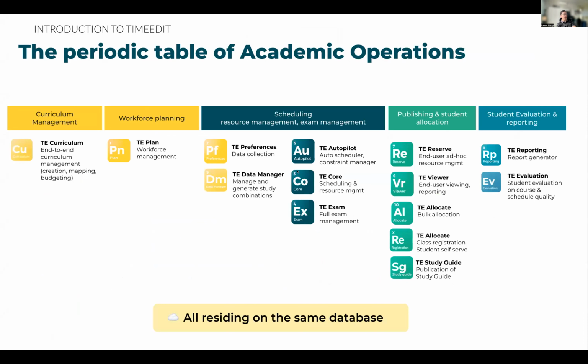Basically, when we create the data model with you, we also create the data structure with you. For example, if we have a program, we can say it's business administration, and business administration has these courses. You can see here it's related to business administration.